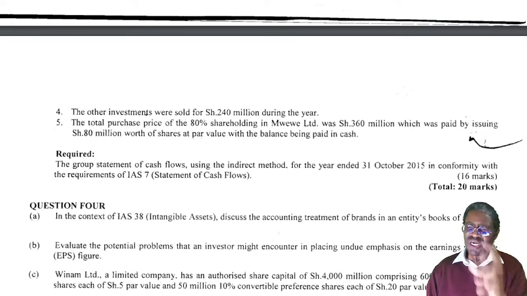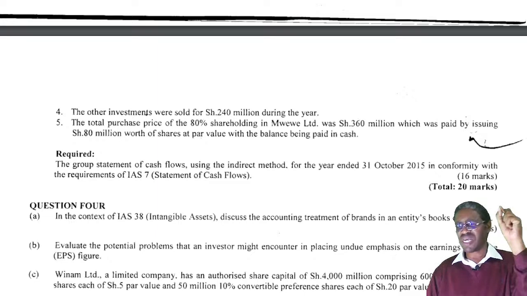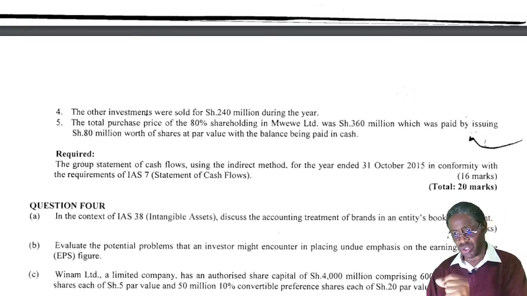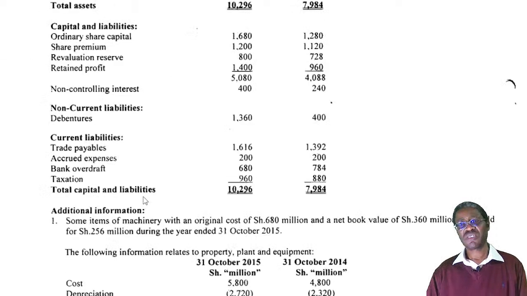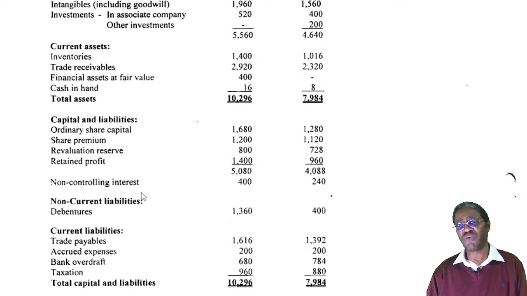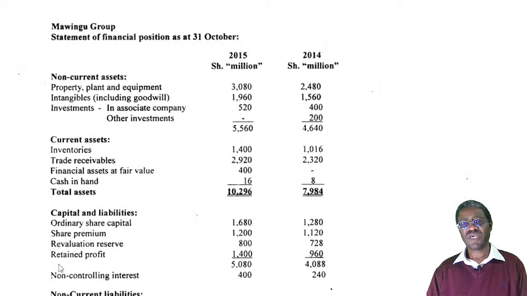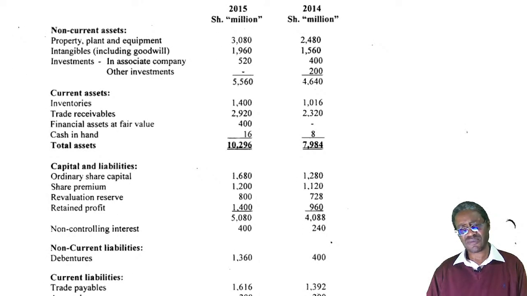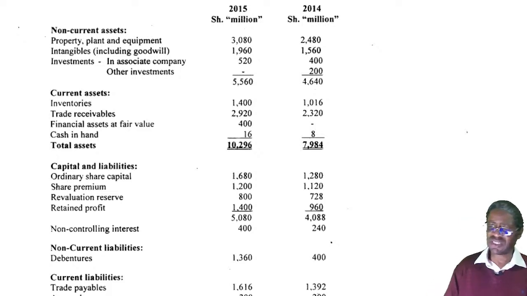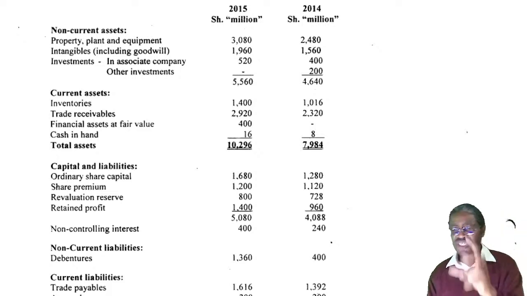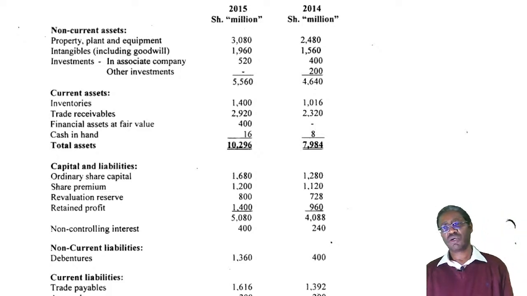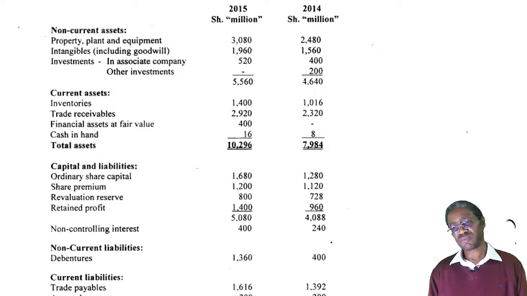So when you sold an investment, again, you must have made a gain or loss. If I take you to the balance sheet, and I told you there was no need of even opening the account, if you look at the balance sheet up there, among the fixed assets, we had investment in 2014 of 200 million.